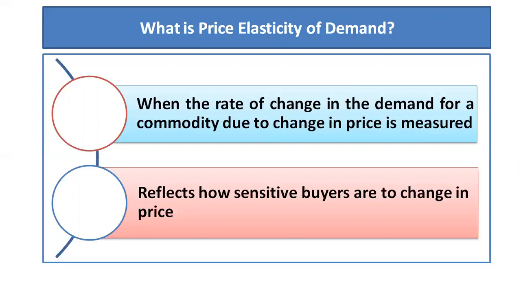So when the rate of change in the demand for a commodity due to change in price is measured, then we make use of the concept price elasticity of demand. It also reflects how sensitive buyers are towards any changes in price.